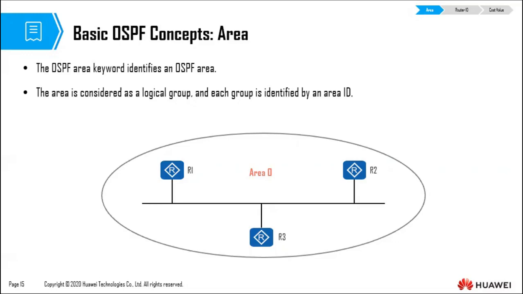There's a way you can do that by creating a logical pipe to connect to area 0, but that is beyond what you're learning today. But if you do HCIP, you're going to learn how to do that. But at the moment, please understand that it is recommended that as you begin creating your OSPF areas, you begin by creating area 0. So that when you create the other areas, you are simply going to interconnect them through area 0.